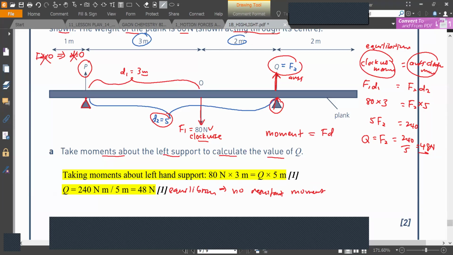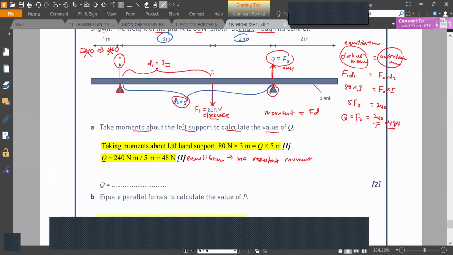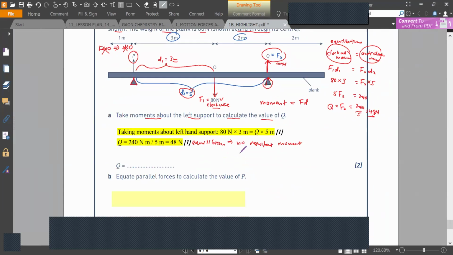We also have another condition, which is no resultant force. So in this case, the up forces will be equal to the down forces. The down force is this 80 Newton, and the up forces will be P plus Q.